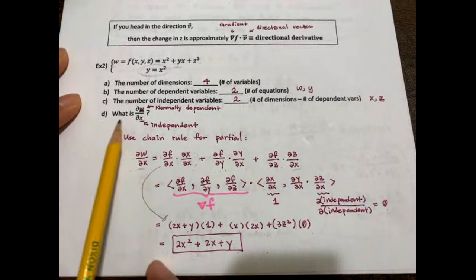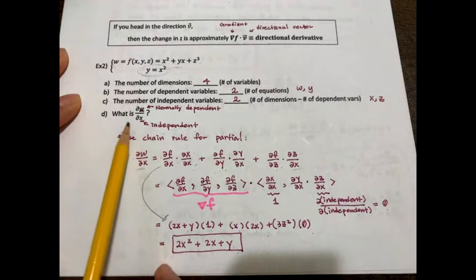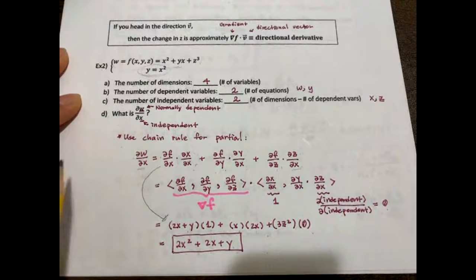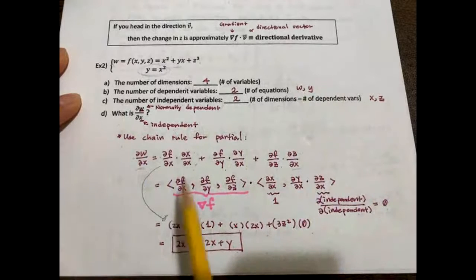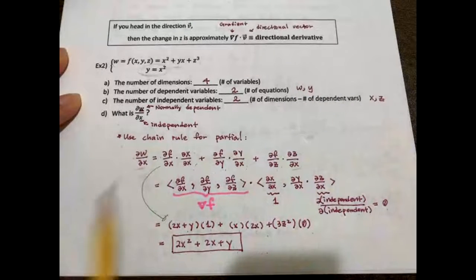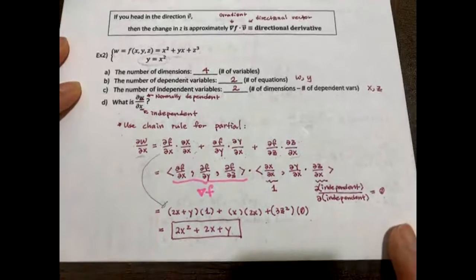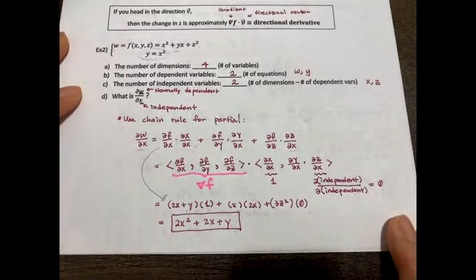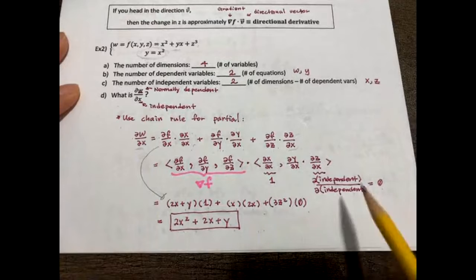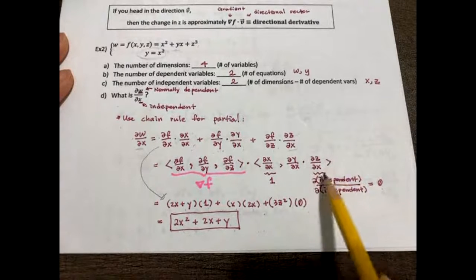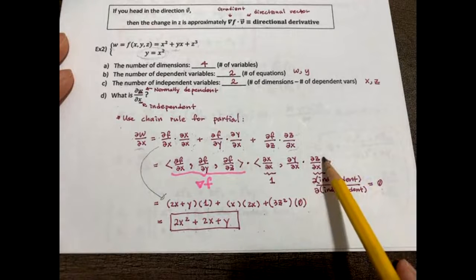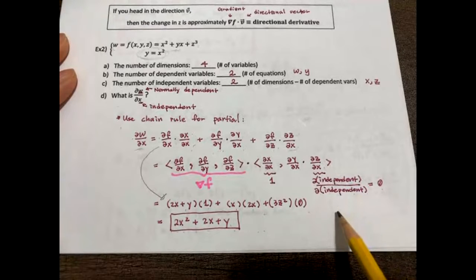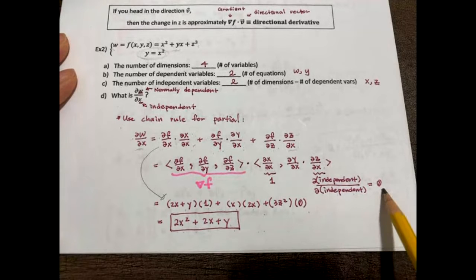When you find partial w with respect to x, it is possible because w is dependent and x is independent. So in this case, we can find the partial by using the chain rule. But if you have two independent variables, like you can see on the bottom right side, partial of independent z with respect to independent x, you cannot get the derivative, so it's going to be 0.